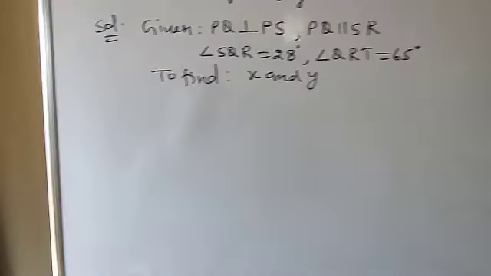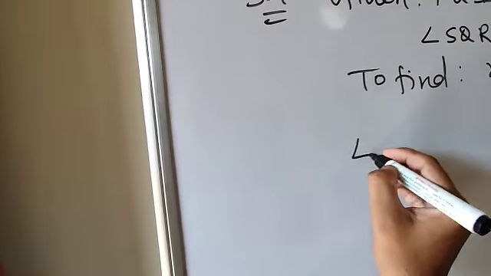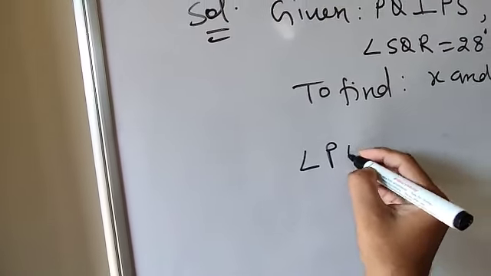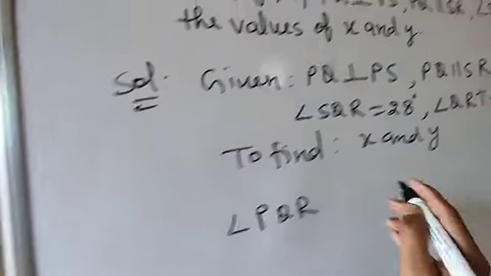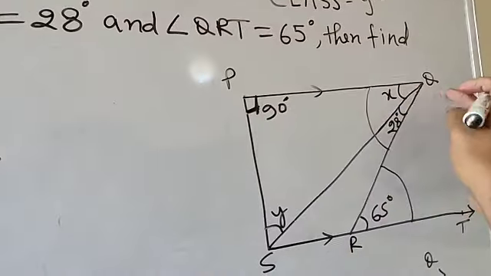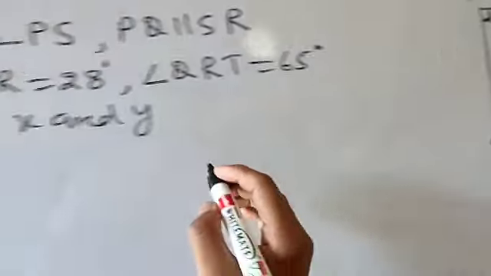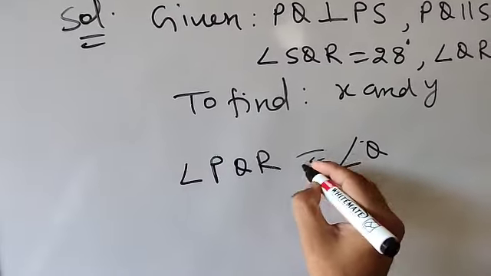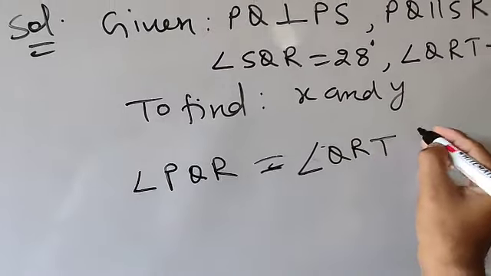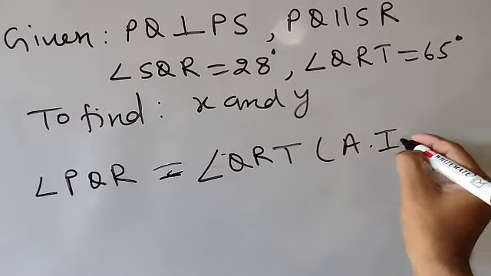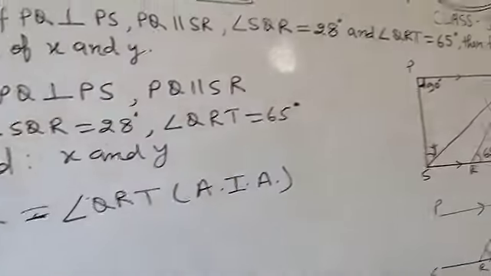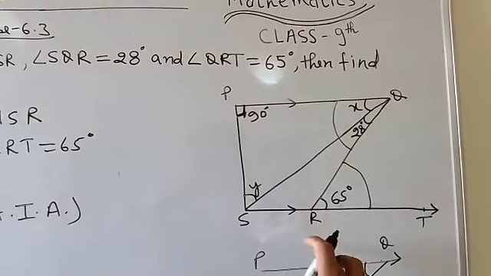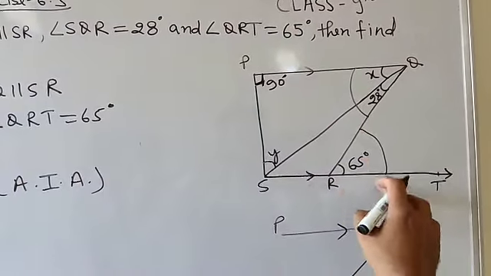So here we can write angle PQR is equal to angle QRT, alternate interior angles. Here it is given that these two lines are parallel, so that's why alternate interior angles will be equal.